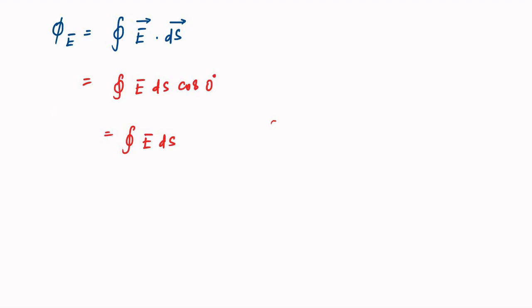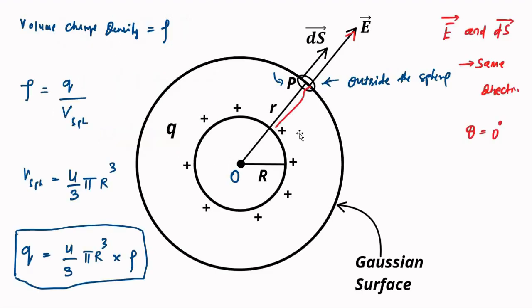Now another important thing is that all the points on this spherical Gaussian surface, an infinite number of points, are at a fixed distance small r from the center, or at a fixed distance from the charged sphere. So the electric field is constant.